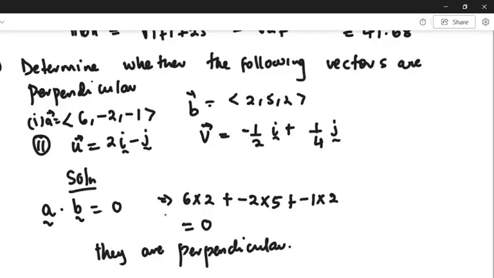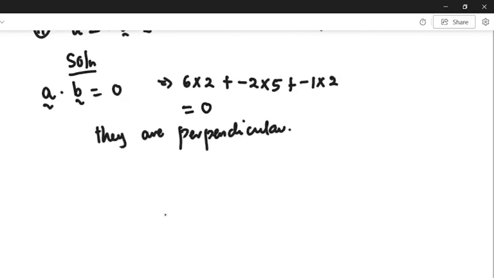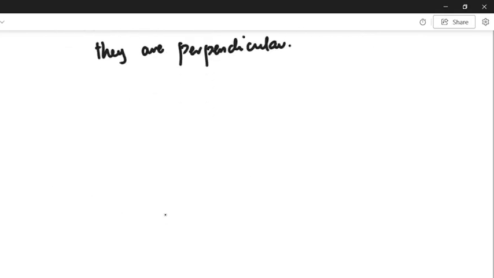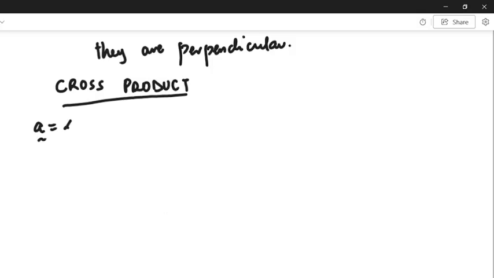Next, we're going to handle the cross product. So you want to see the cross product. We are going to have A as A1, A2, A3.